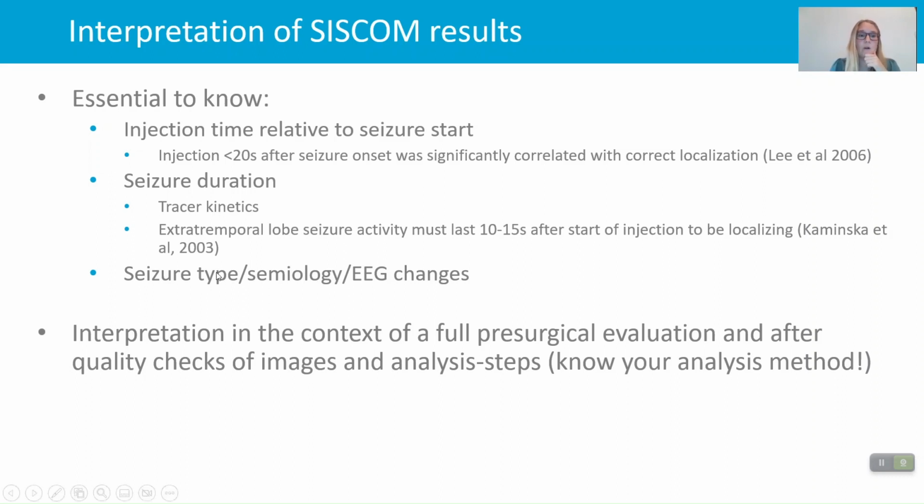So these are all things that you have to be aware of when interpreting these SISCOM results: what was happening. And again, very important, you need to interpret in the context of the full pre-surgical evaluation. And maybe even more important, after quality checks of the images and all the analysis steps. So you need to know your analysis method, what is happening during your analysis, in order to be able to interpret the results properly.